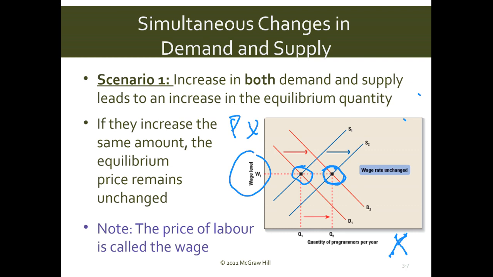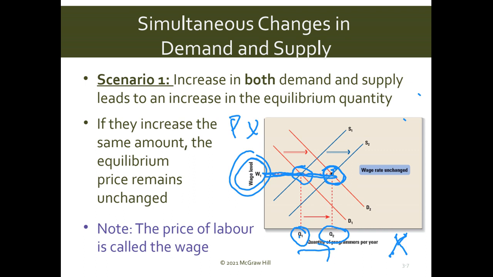Notice that there is no change in equilibrium price. Equilibrium price is the same, but equilibrium quantity increases from Q1 to Q2. So only equilibrium quantity increases, equilibrium price doesn't change.